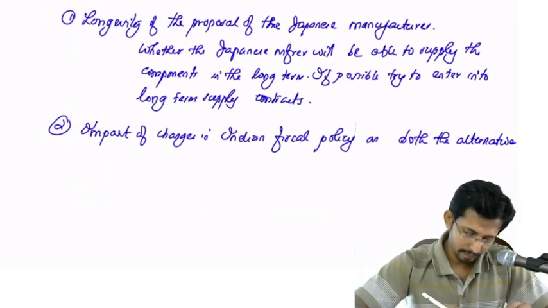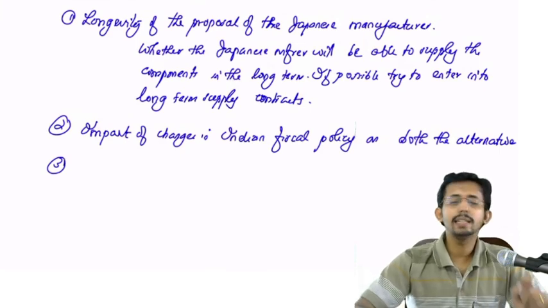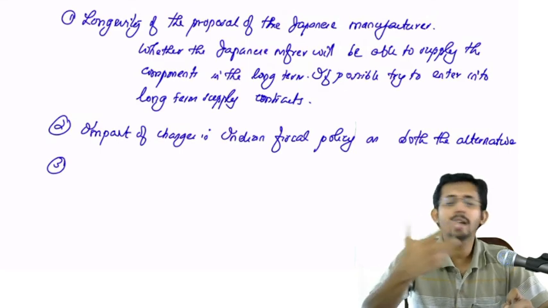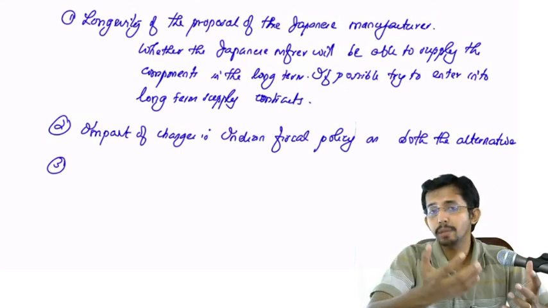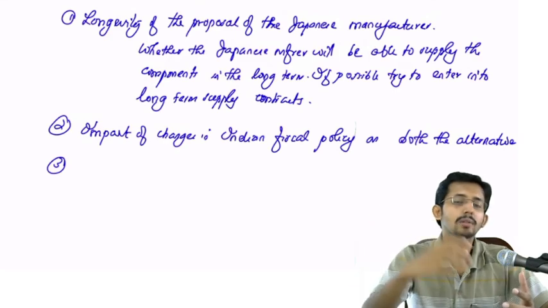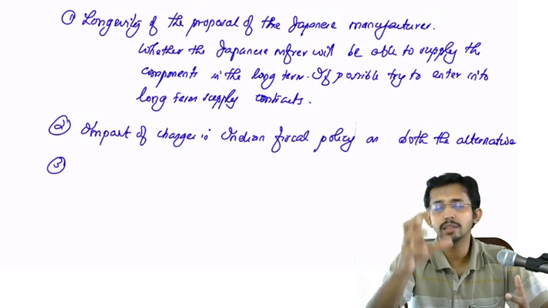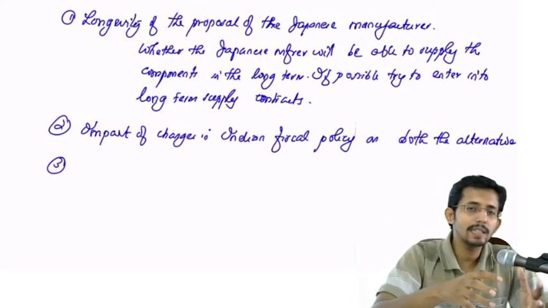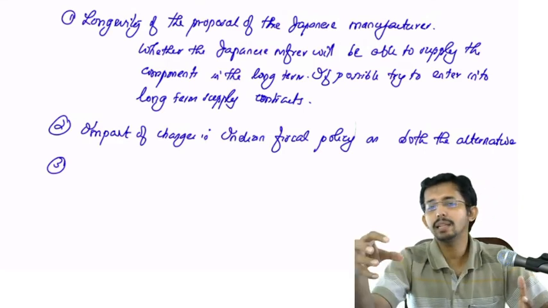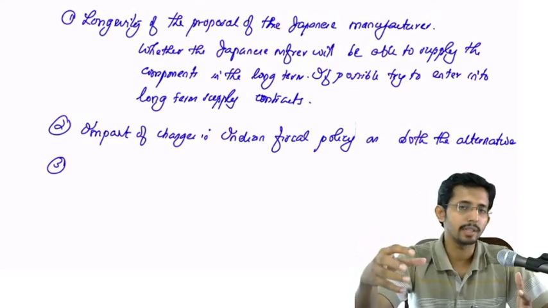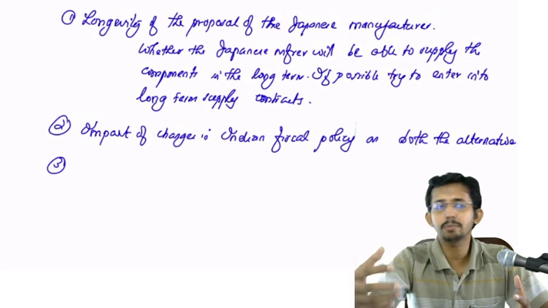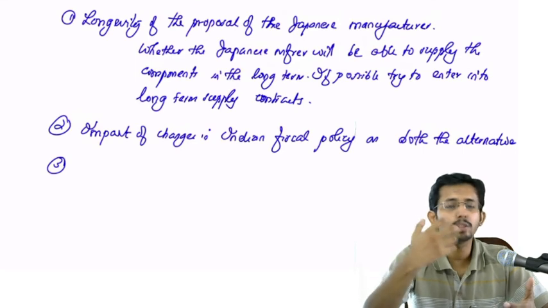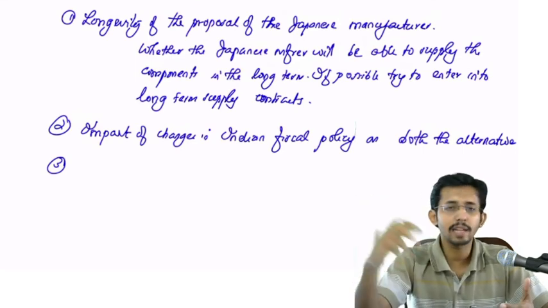Okay, now next, see, ultimately when the profit is generated by the Indian subsidiary, what should the parent company do? The parent company should be able to repatriate these profits to US, because the headquarters or the place of origin of this SCI is in US. It's a US based company. The Indian company is only a subsidiary, and the Chinese company is only a subsidiary. So whenever the Chinese subsidiary or Indian subsidiary makes profits, the US parent company should be able to take this profit out of India to US, or out of China to US.